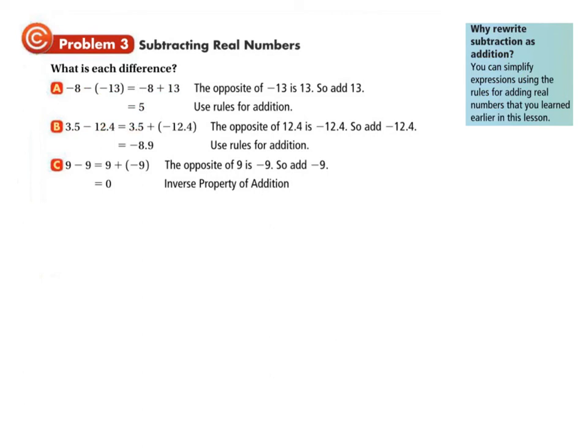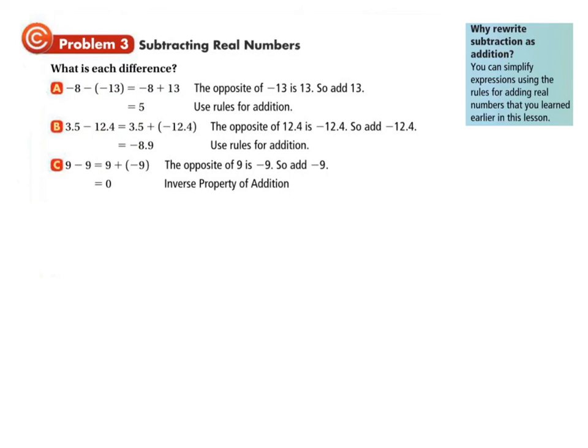We're going to rewrite this as an addition problem, and this positive 12.4 is going to become a negative 12.4. Now the signs are opposite, so we subtract: 12.4 minus 3.5 is 8.9, and the larger absolute value number was negative, so we have negative 8.9.